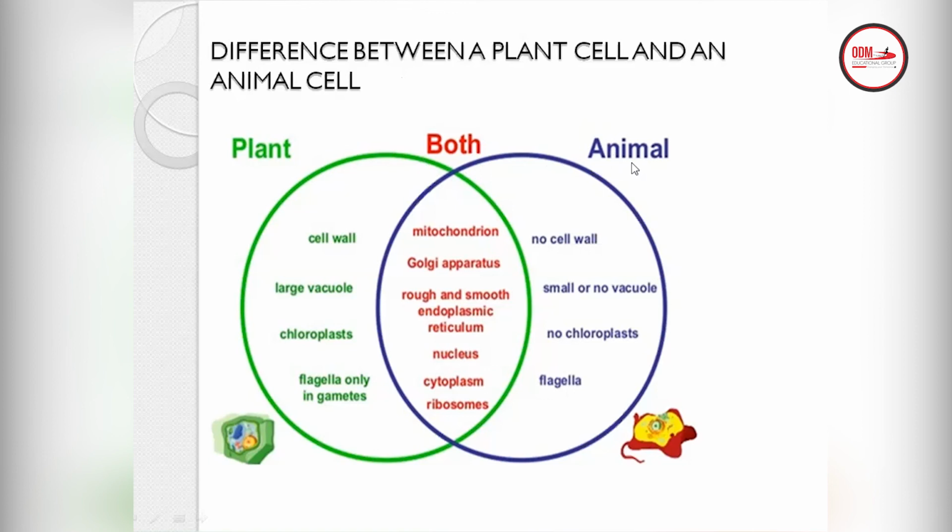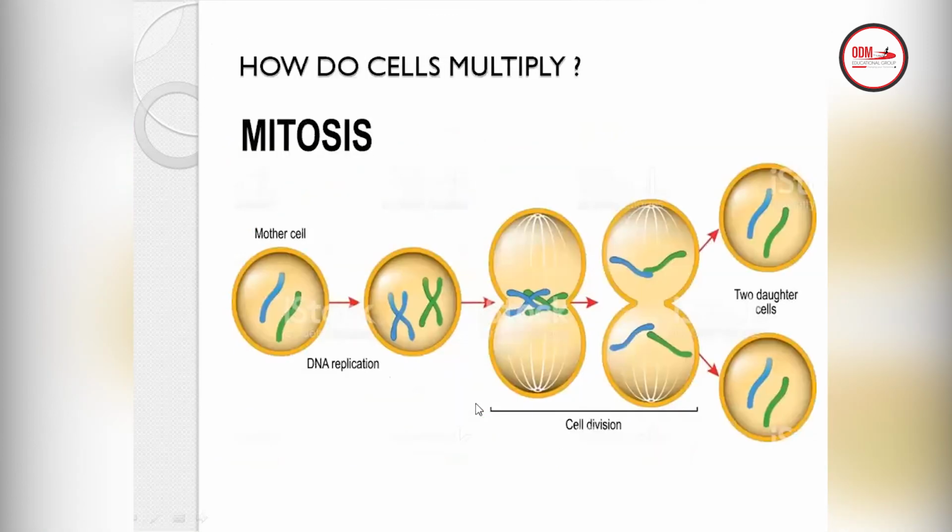The nucleus in animal cells is present in the center of the cell and is very well visible, whereas in plant cells the nucleus is pushed to the periphery, and the center contains a large vacuole for storage purposes. Other than the chloroplast, these things are the same in plant and animal cells.